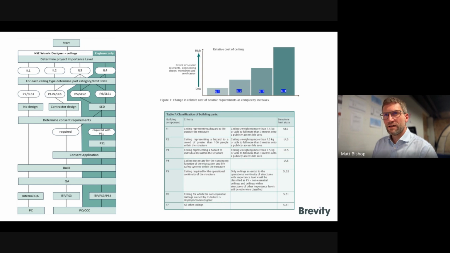Now, that for this project means that while we're over an IL2 at this point, we've got a P6 ceiling, which is going to jump into specific engineering design, which means that particular element is going to need to be engineered. It could then be engineered with a PS1, or it could be engineered as a specific design for that ceiling and incorporated into the contractor-led design at that point. You might be able to get out of that lane.